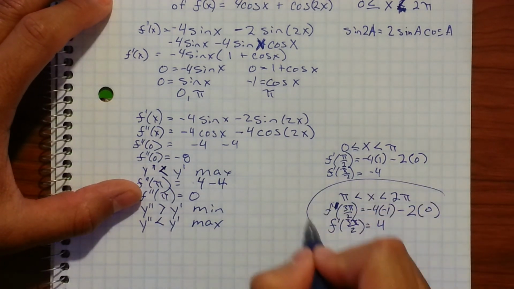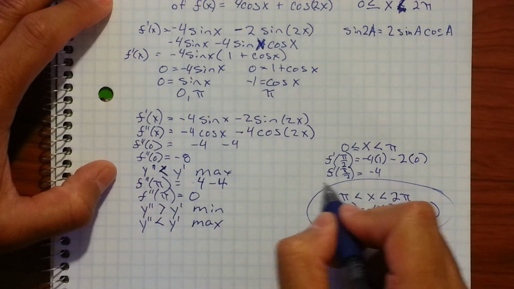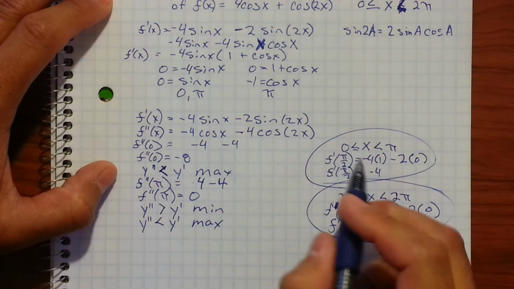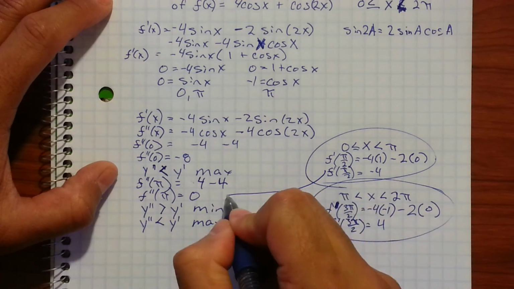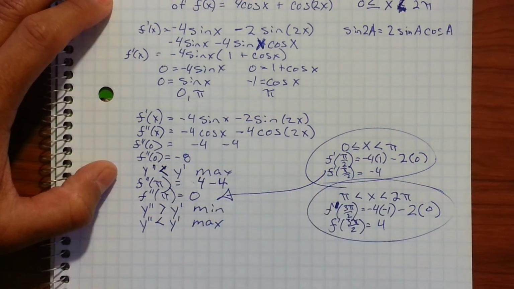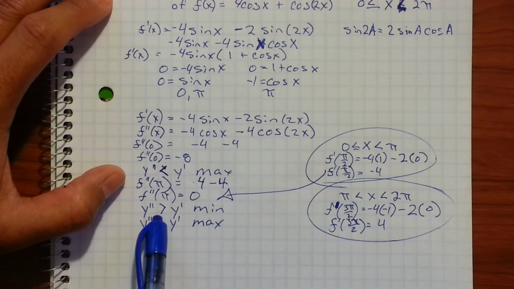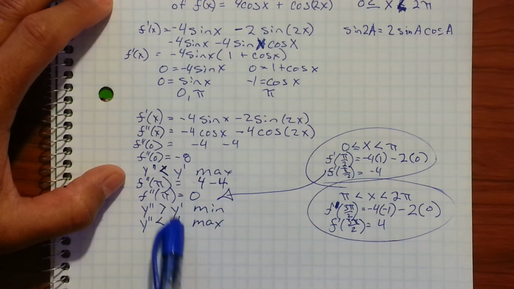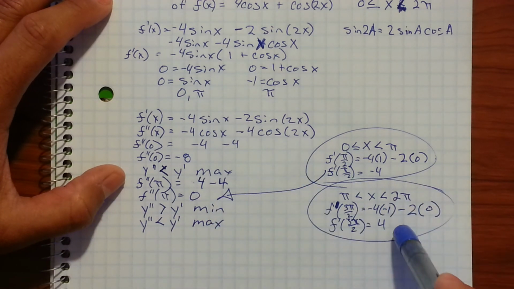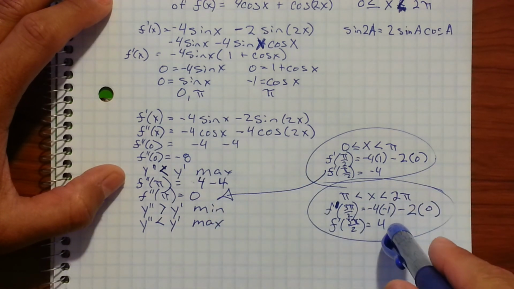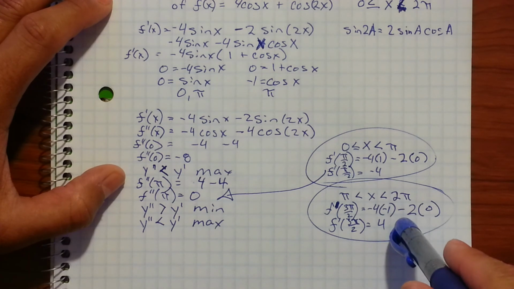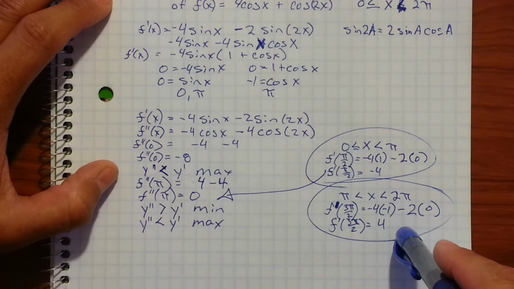So for this and this, we did all this one right here because I don't have anything stating whether it's going to be a minimum or maximum at this point right here. But because over here I ended up with a positive, this one's going to be greater, so that means that this one right here is going to be my minimum.